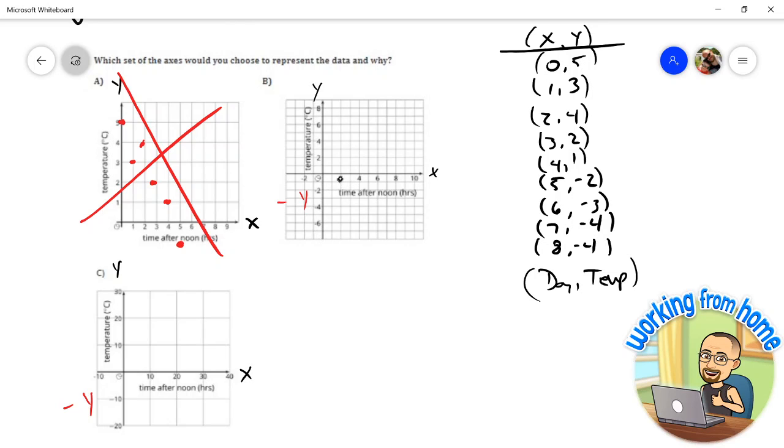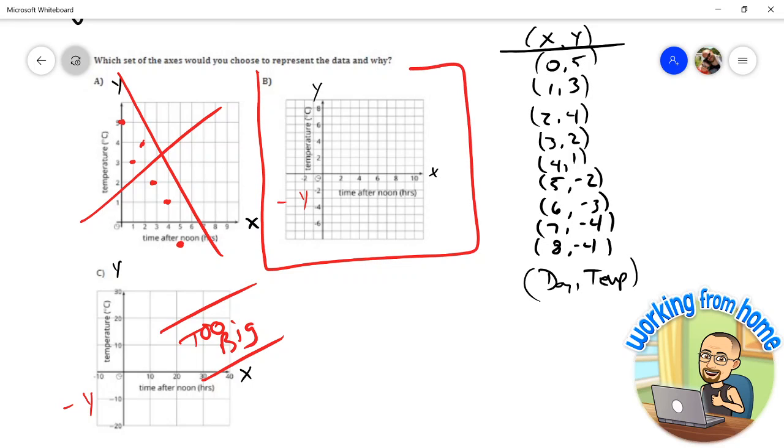It's got 2, 4, 6, 8, 10 across the x-axis, 2, 4, 6, 8 on the y-axis, and then -2, 4, 6 on the y-axis. C has 10, 20, 30, 40, -10, -20. Those numbers are too big. Doesn't mean we can't plot it there, but it would be really, really, really crunched up. So based on that, I'm going to say this would be the best graph.